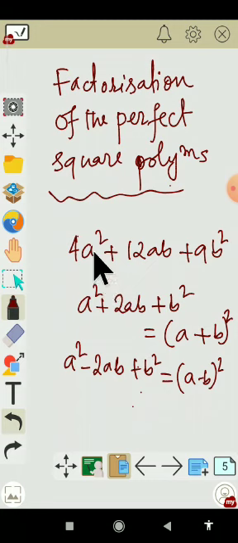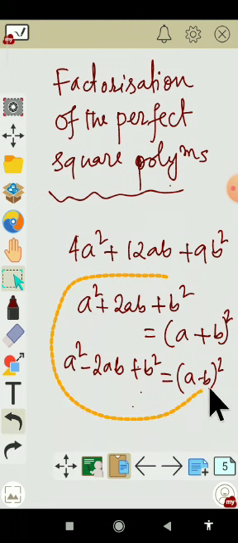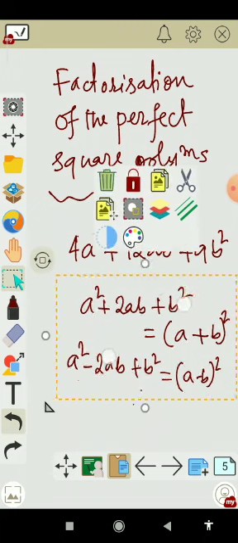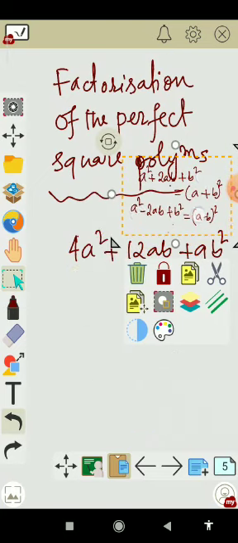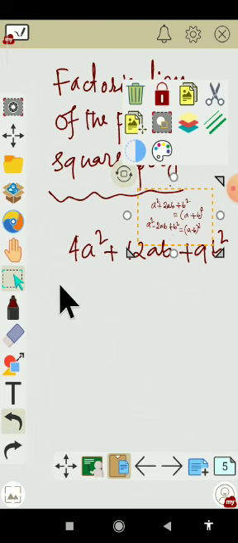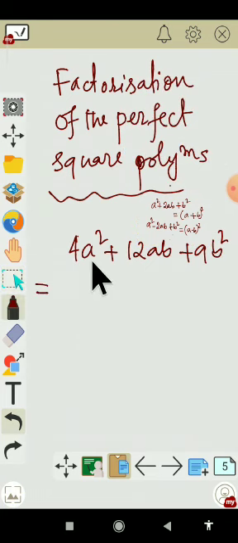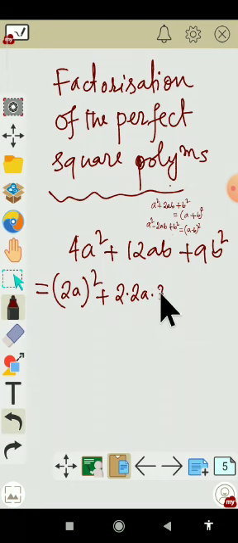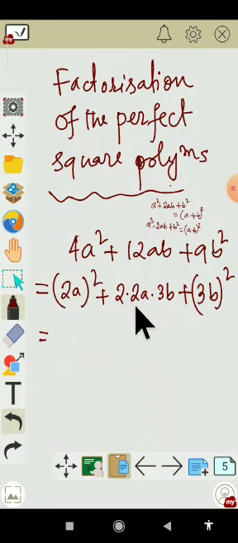So now, from this question we have to represent this as a square plus 2ab plus b square. a square means 2a whole square, 2ab means 2 into 2a into 3b, plus 3b whole square.